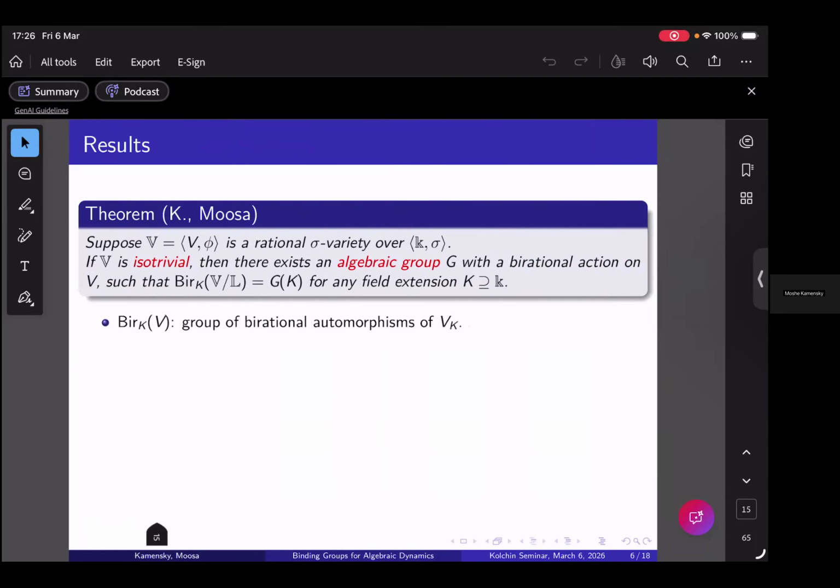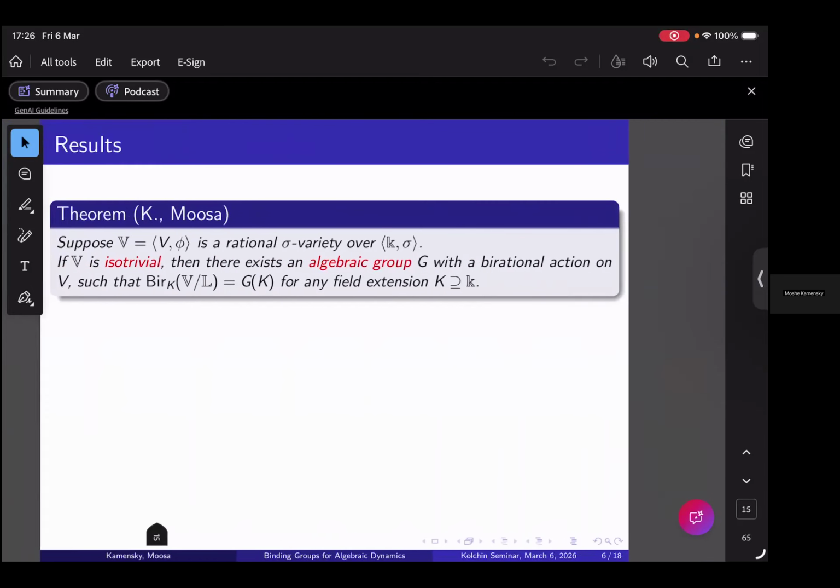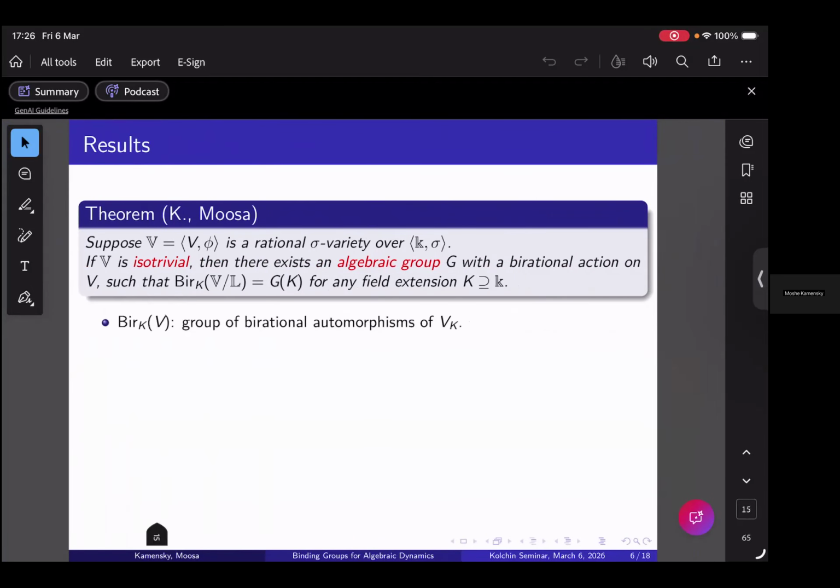Birational automorphisms are just automorphisms in this category. So this group, Bir of V over K, is just birational automorphisms of V_K, often a big group.